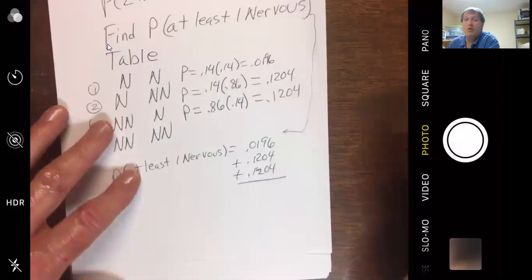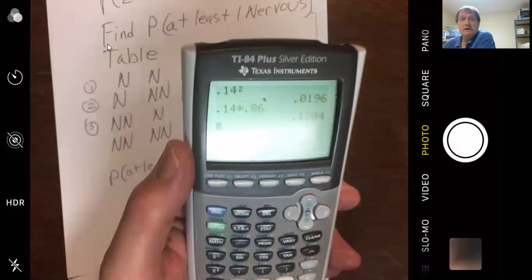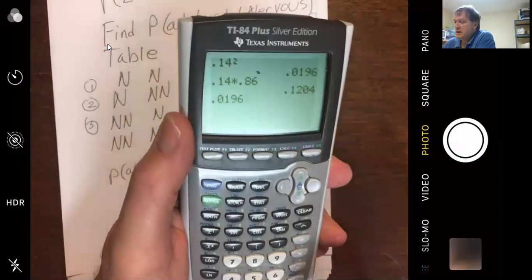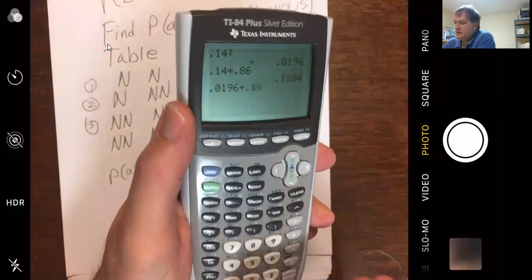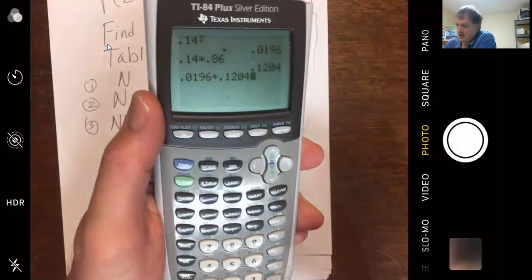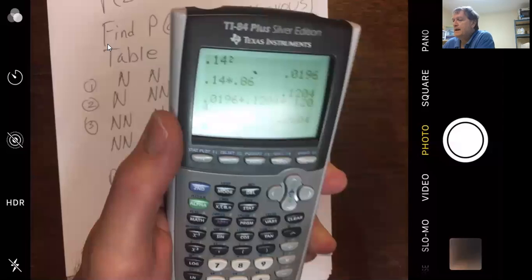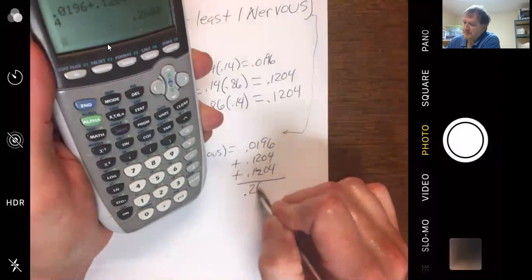This is sort of the long way of doing it. 0.0196 plus 0.1204 plus another 0.1204, 0.2604.